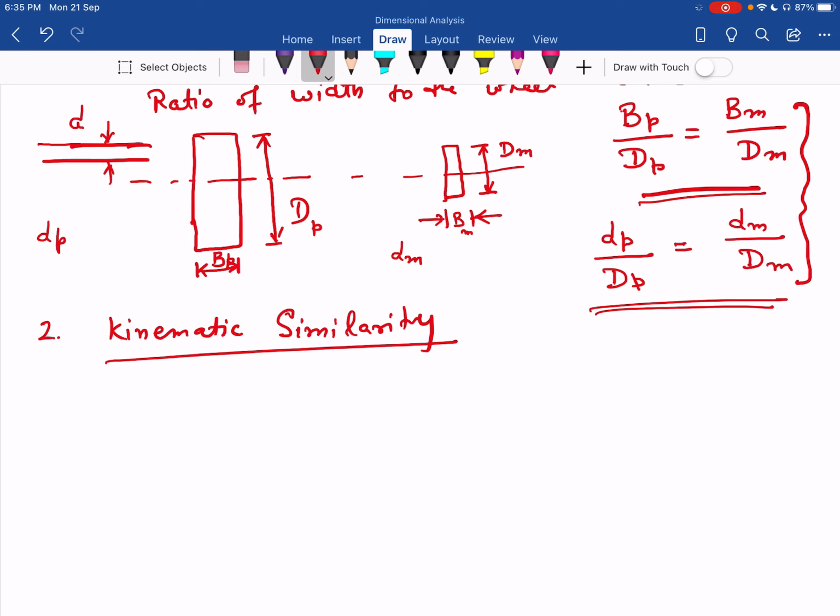You can say kinematic similarity in fluid machines results in a constant ratio of velocities, discharge, and acceleration at homologous points.